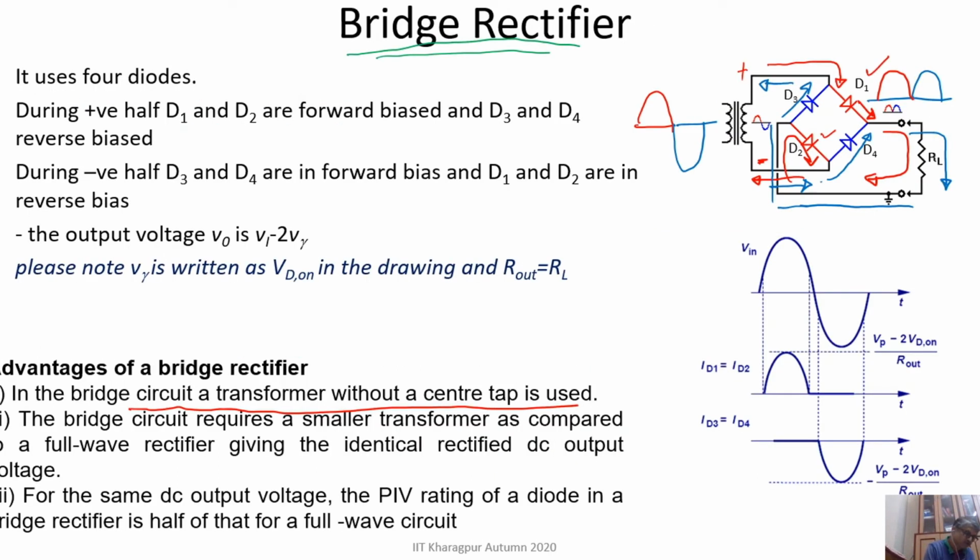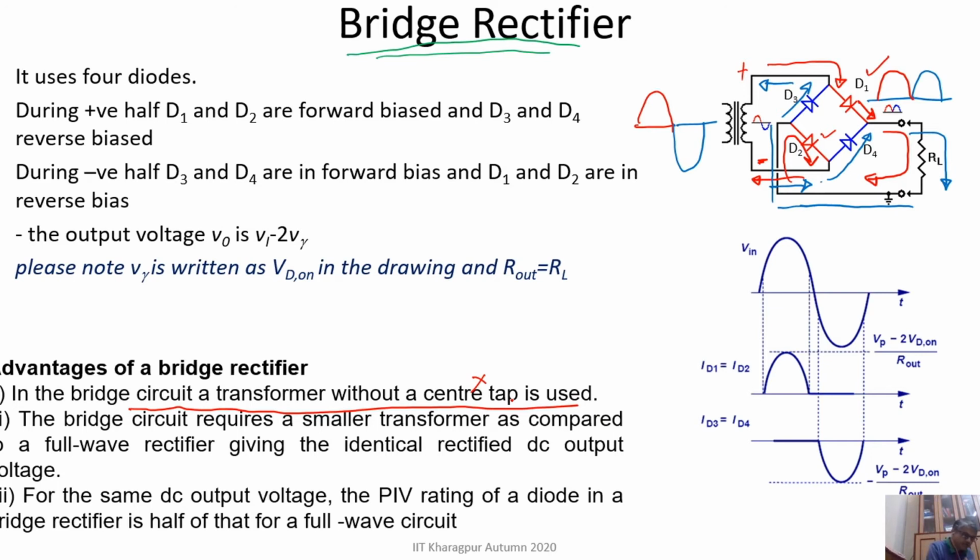You see, through the 2 diodes in one half, and through the other 2 diodes in the other half, the circuit loop is completed. So we don't need any center tap transformer. So that is one advantage. This transformer will be of a smaller size and will be less expensive.